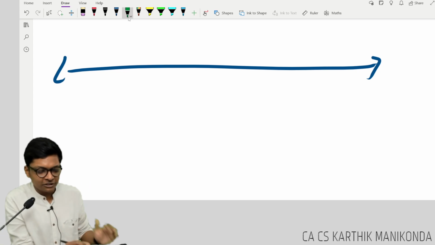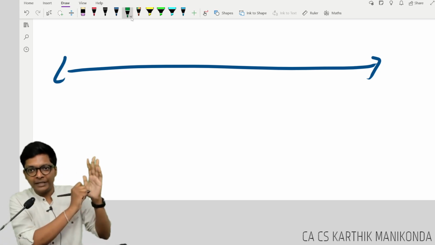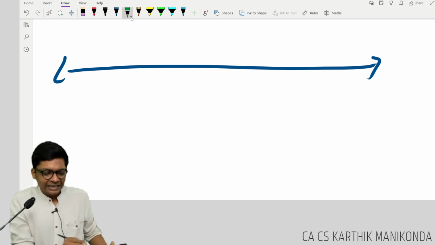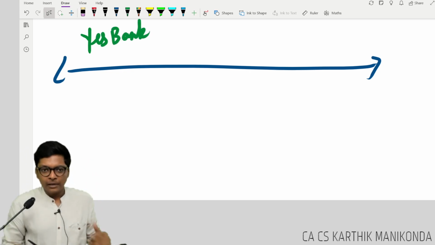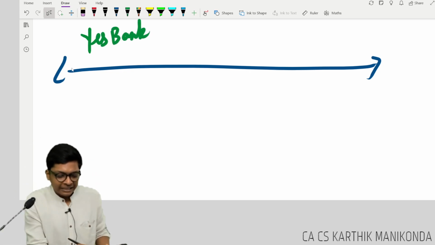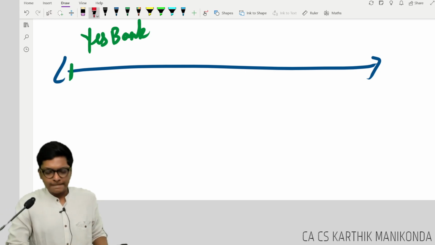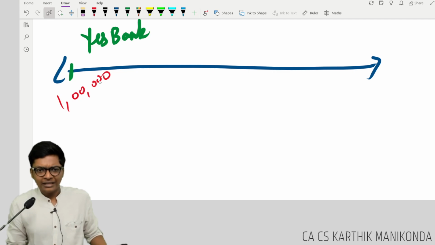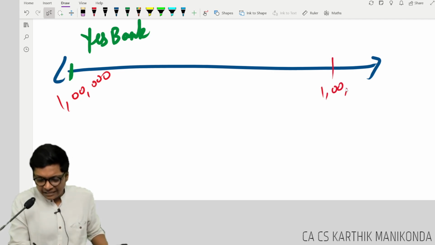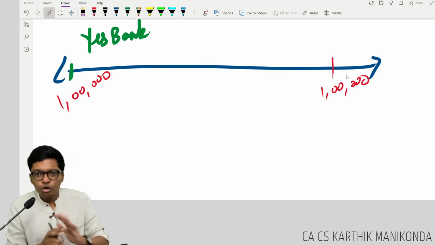Now come back to this concept. Somewhere I went to AS 13 and took this. Now come back here. Let's take the Yes Bank example, a completely new example for you to learn the concept. Yes Bank at the beginning of the year had 1 lakh shares. At the end of the year also they had 1 lakh shares. They didn't make any new issue.